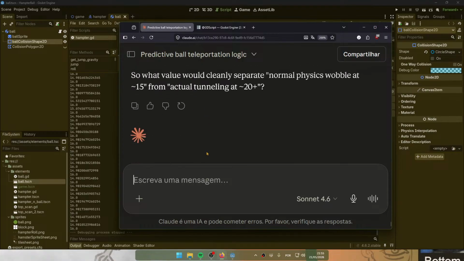How can you separate normal physics wobble, around 15, from actual tunneling at 20 plus?